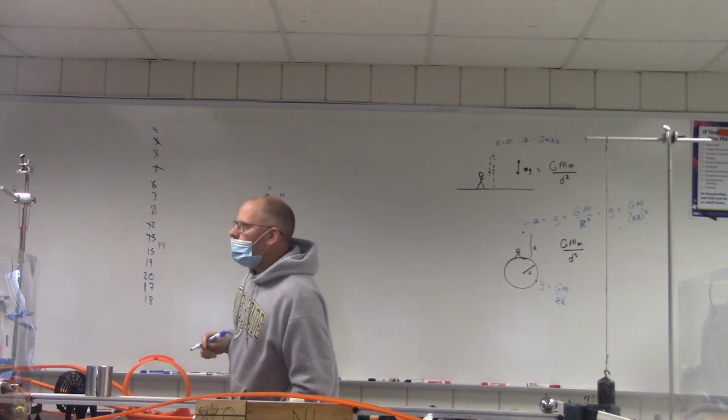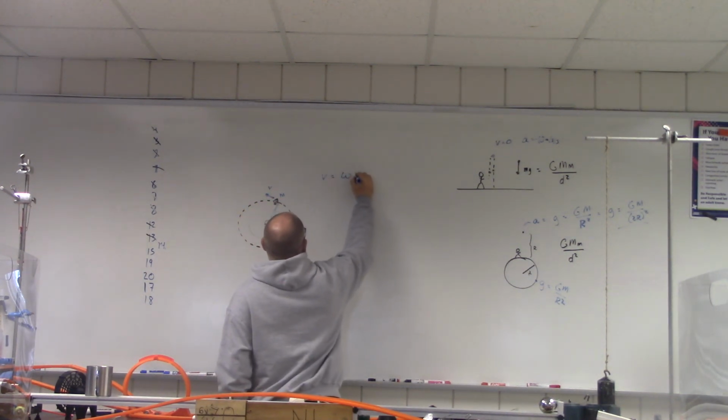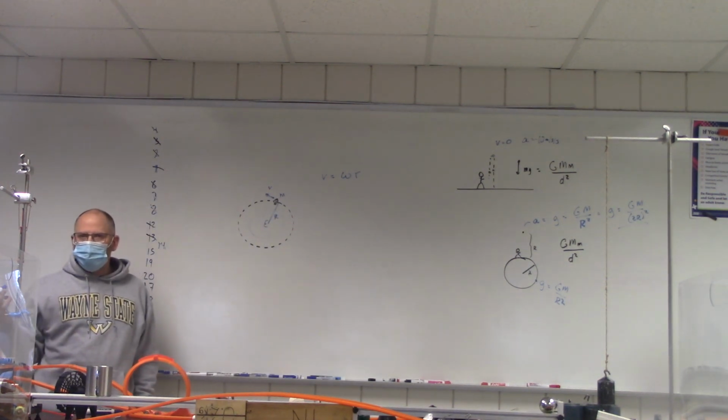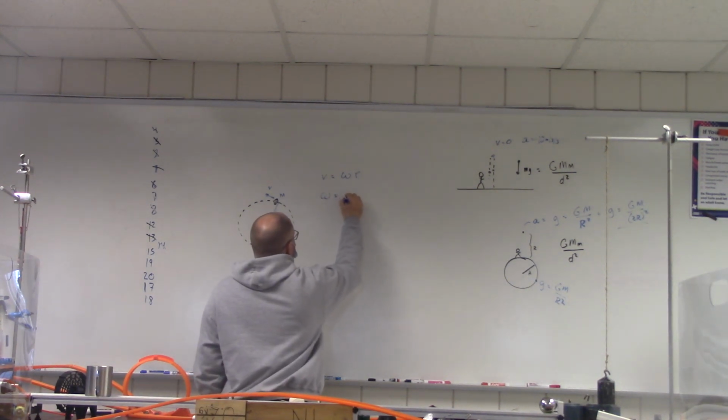Is its angular speed v over r? Yeah. It's an object going in a circle. For any object going in a circle, we know that v is equal to omega r. True? So if you want to calculate its angular speed, it's going to be v over r.